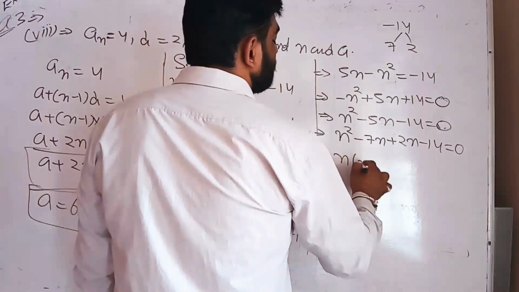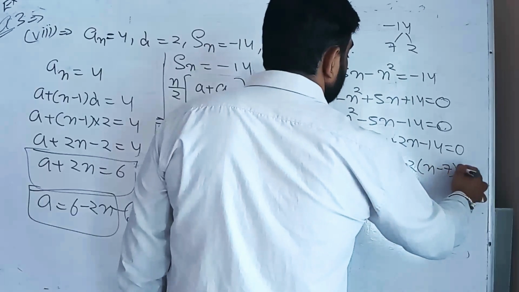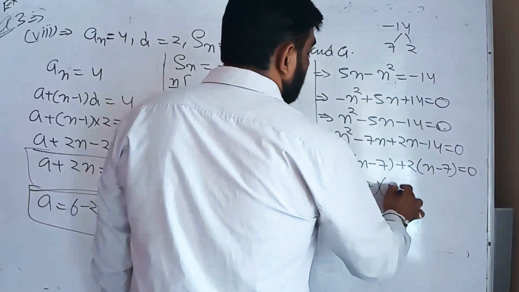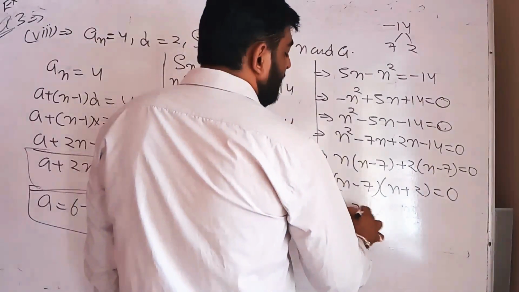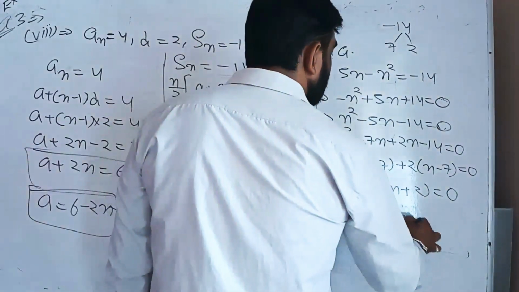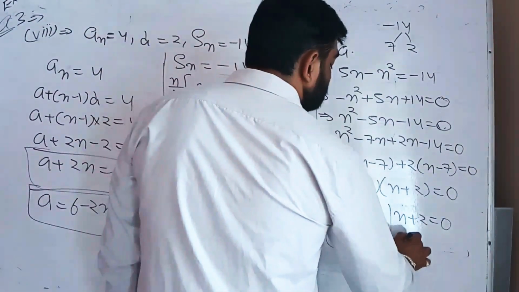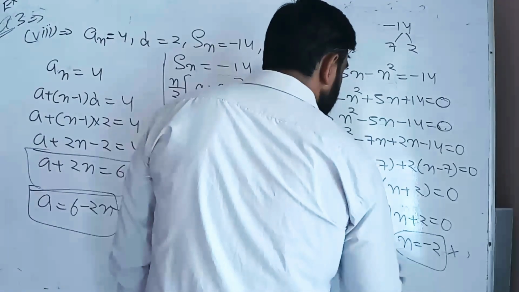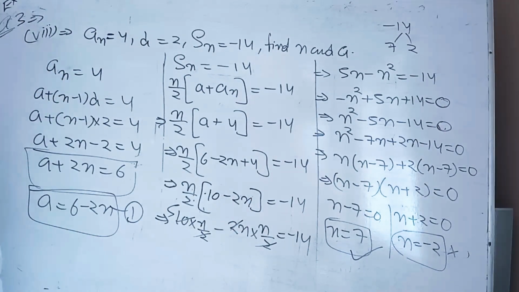So n is common: n(n minus 7) plus 2(n minus 7) equals 0, so (n minus 7)(n plus 2) equals 0. Now n minus 7 equals 0 or n plus 2 equals 0, so n equals 7, students, or n equals minus 2. We can't consider n equals minus 2 because a negative value of n is not accepted, so n equals 7, students.